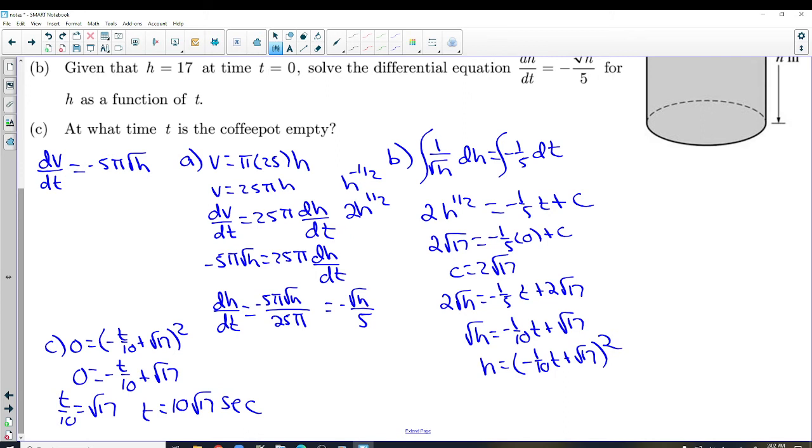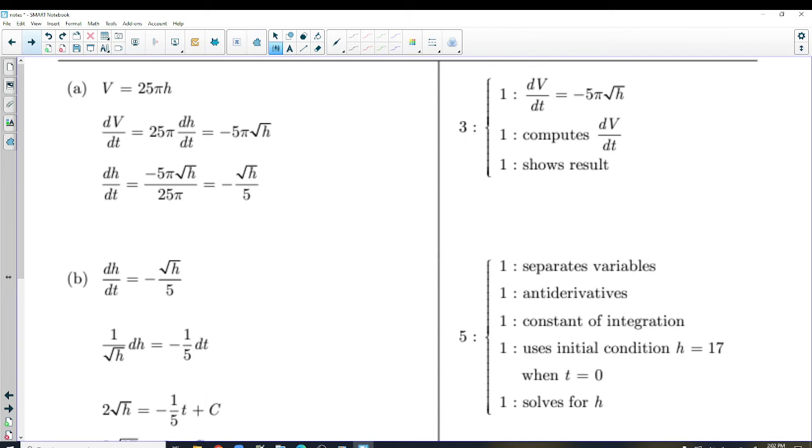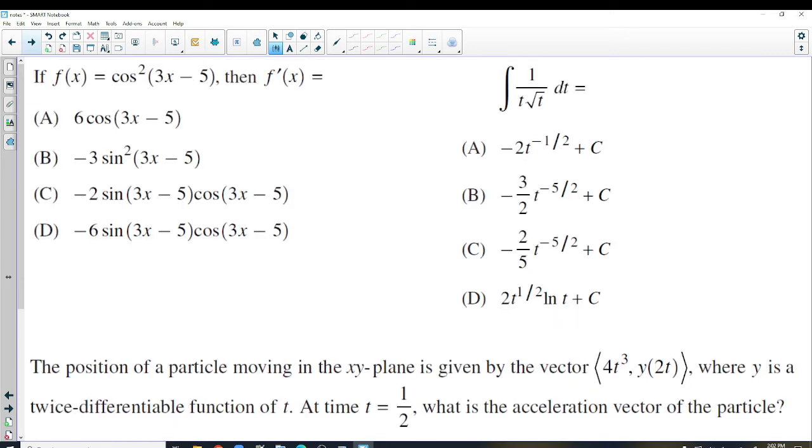Let's look at some multiple choice, just some various problems that I've chosen. It seems like there's a chain rule on every single multiple choice I've ever seen. So chain rule: f prime of x is equal to, the outside function is squared, so 2 cosine of 3x minus 5.